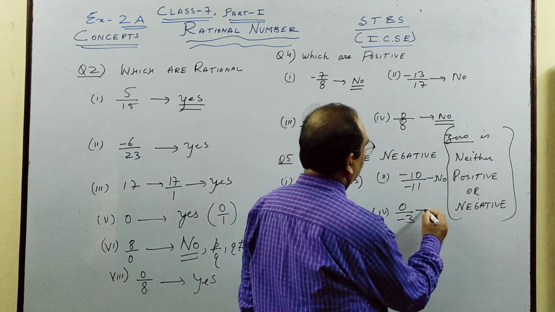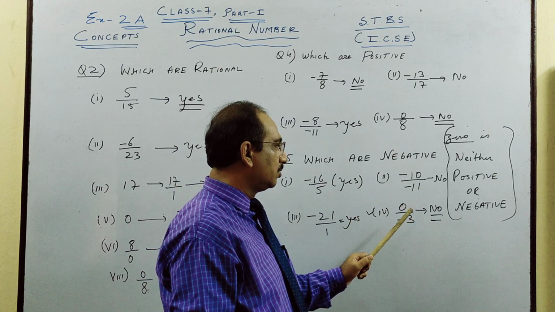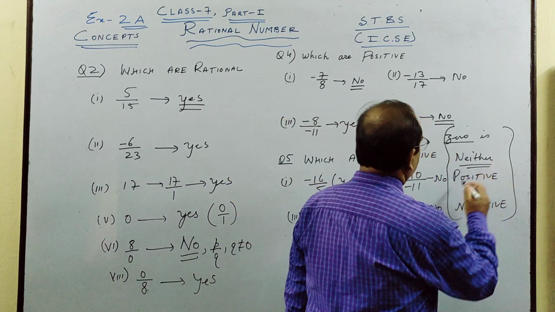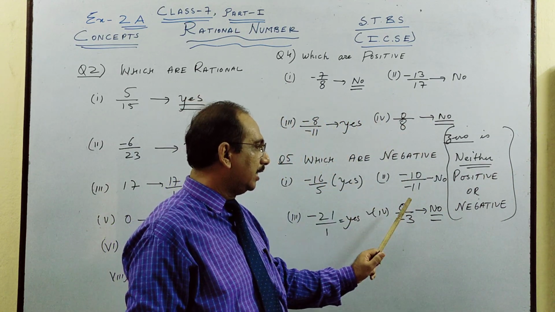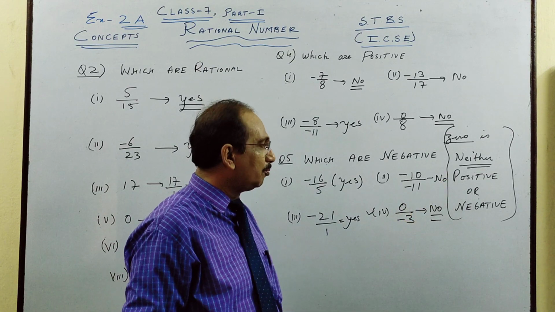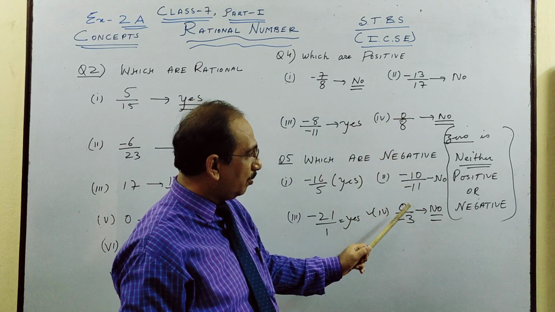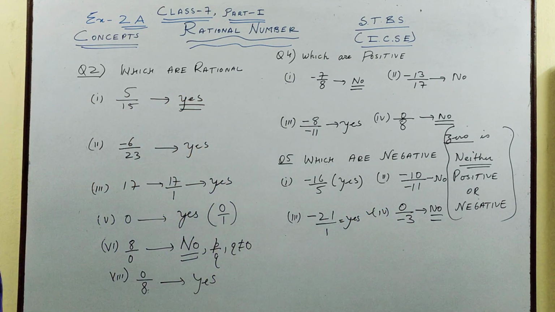No. Reason is 0 here or 0 there is not negative because, as I told you, 0 is neither positive nor negative. So 0 left side is negative, right side is positive. 0 is neither positive nor negative. So 0 by 8 is also not positive and 0 by minus 3 is not negative also. So please pause the video and copy, then I will do 2-3 more sums.